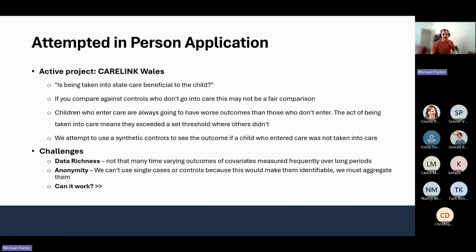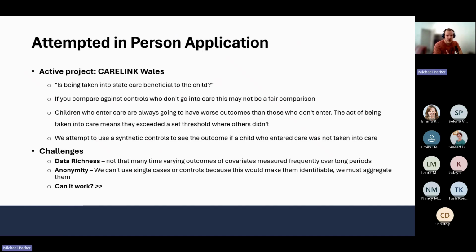So their situation just couldn't have been as bad. In an ideal world, what you need to do is ask, how much worse does this child do than the same child if they hadn't been taken into care? And that's what synthetic control modeling, to an extent, allows us to measure. So I've attempted to apply that to some outcomes in the children in care space.